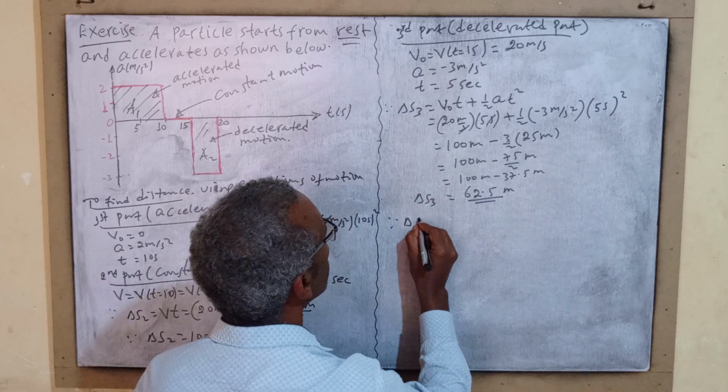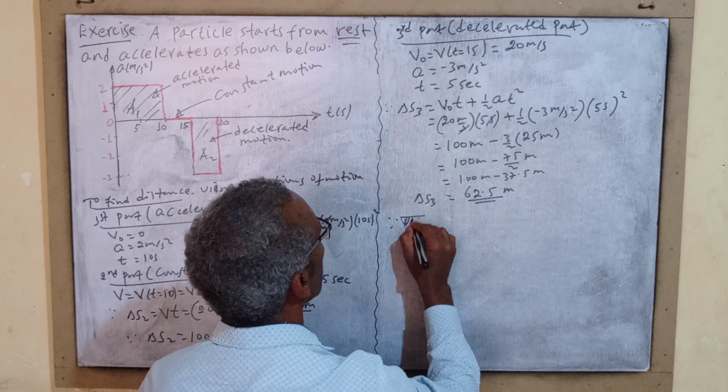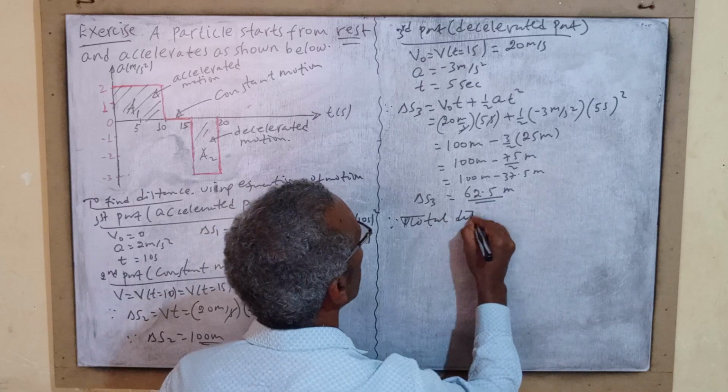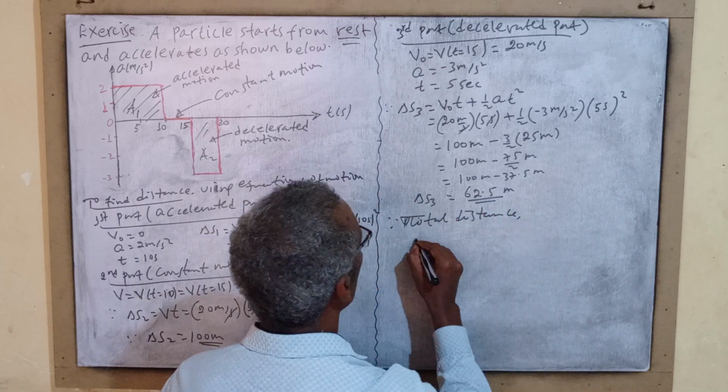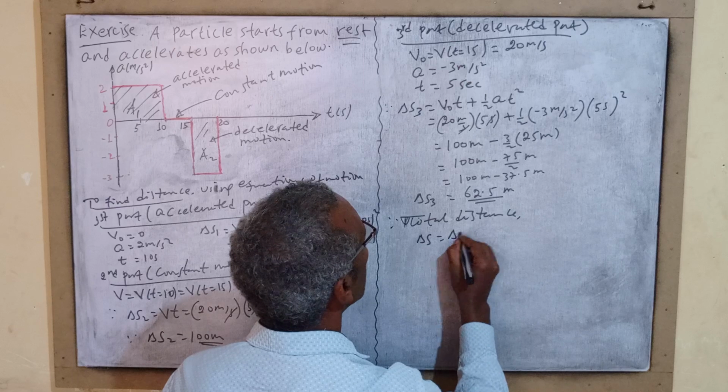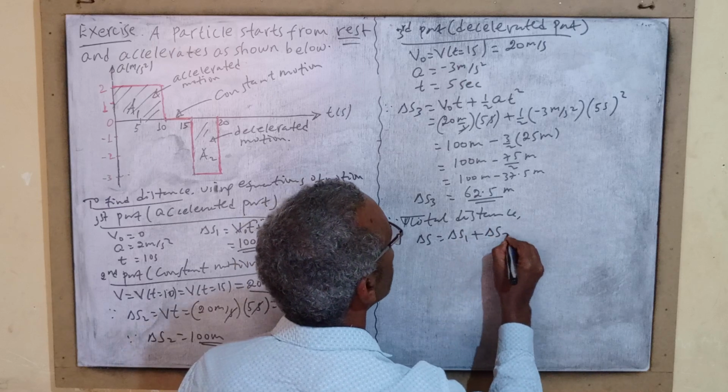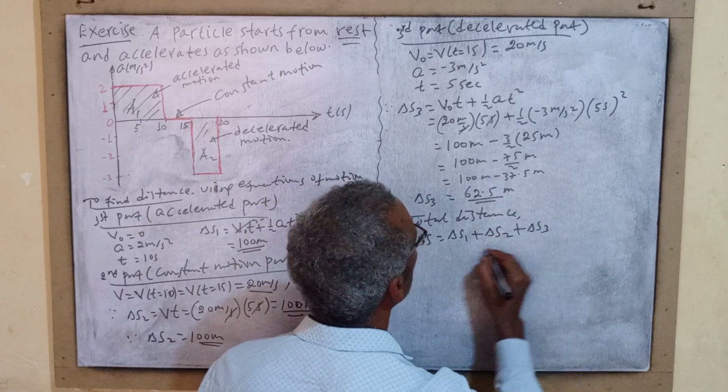Therefore, total distance delta S is equal to displacement 1 plus distance 2 plus distance 3.